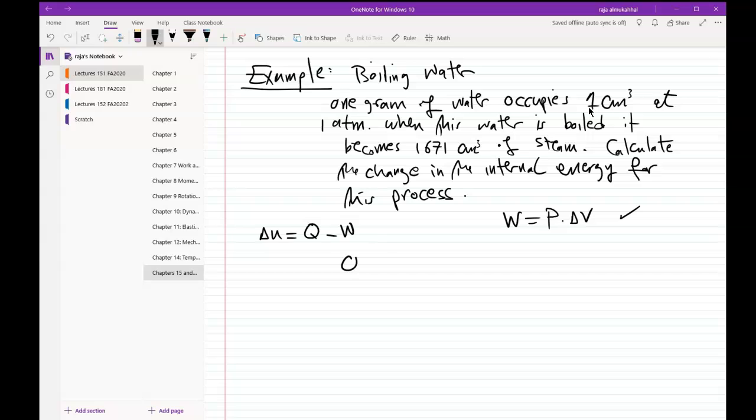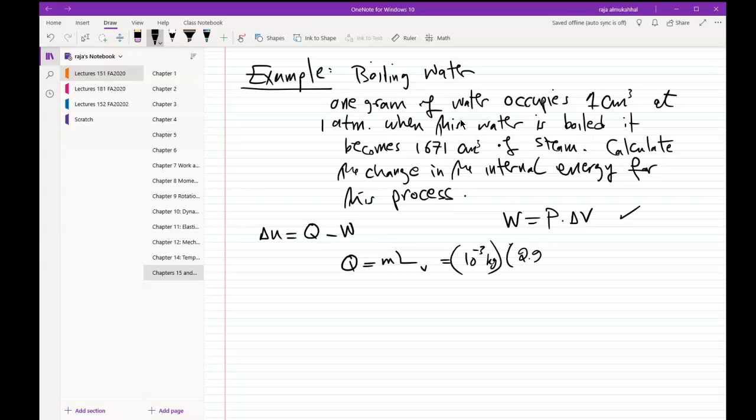So Q here is the latent heat of evaporation, that's m times L sub V, and the mass here is 10 to the negative 3 kilogram. Remember, you said it's 1 gram right there. So multiply that by the latent heat of evaporation. You need to look it up.